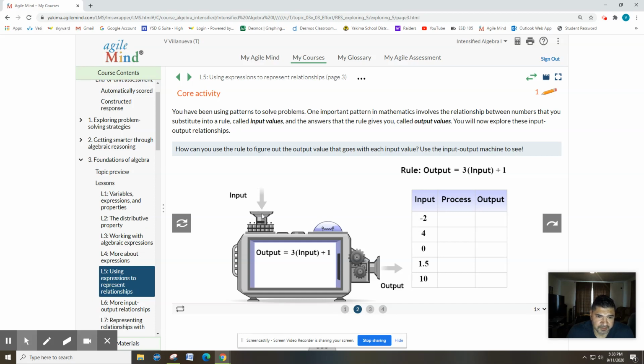So we put in a number, and this machine here is going to do something to it. This is the process. The machine is going to perform a process, and then it's going to put a number out, and that is our output. Okay, so we're putting in our -2, putting it in place of our input. It's performing the process, and out comes an output.